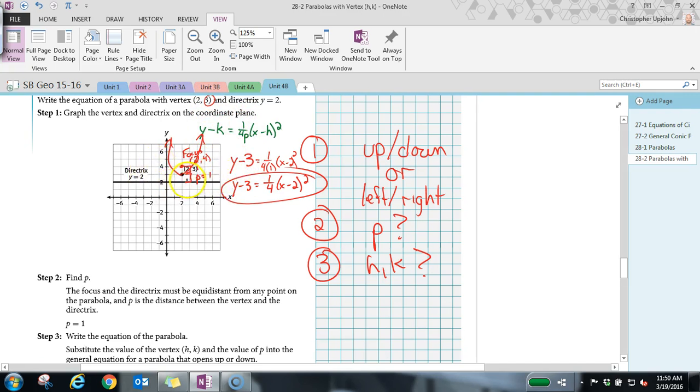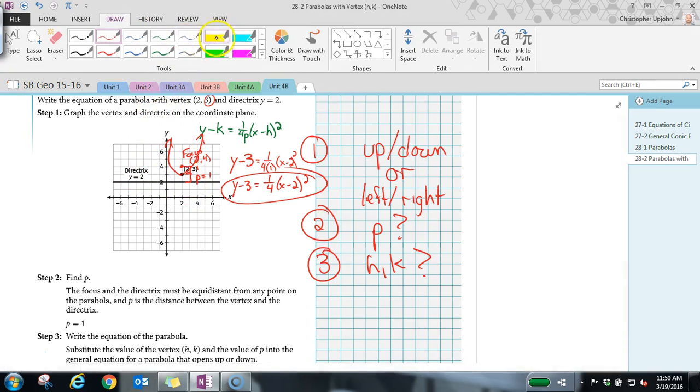Well, the distance between the directrix at y equals 2 and my vertex at y equals 3 is 1. So p equals 1, so I plug that in. Then times x minus my x coordinate, which is 2, so 2 squared. And I just simplify 1 over 4 times 1, so 1 over 4.